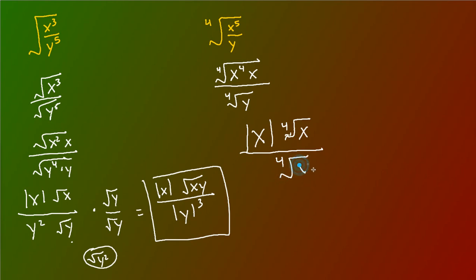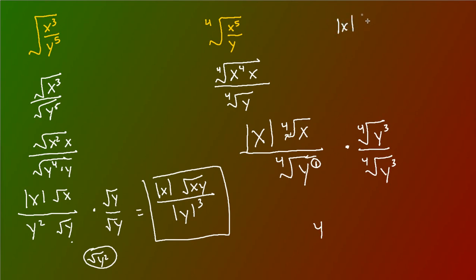So what do I do? In order to take this root, this number here would have to be a multiple of 4. So I want it to be a 4. Right now it's a 1. So if I multiply by fourth root of y to the third, I get, let's see, 1 plus 3 is 4. So I'll just show this work up here.